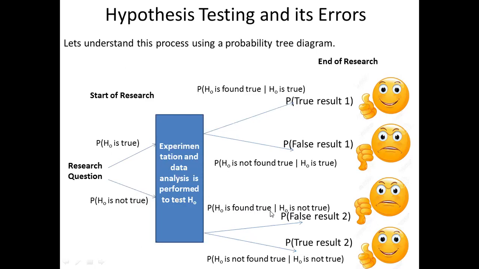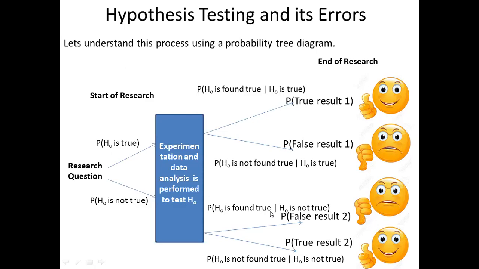And we can again see that this is another error that can occur in our hypothesis testing. This error is called a false result 2, and the probability of it is called the probability of false result 2. We also call it a false negative, and the probability of it is also called the probability of false negative or false negative rate.